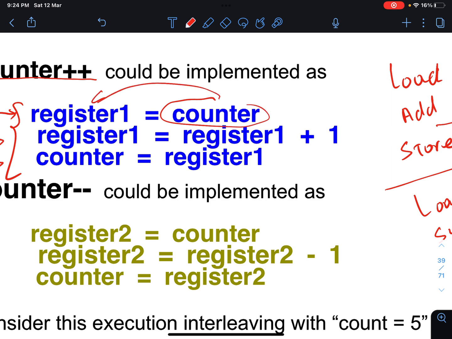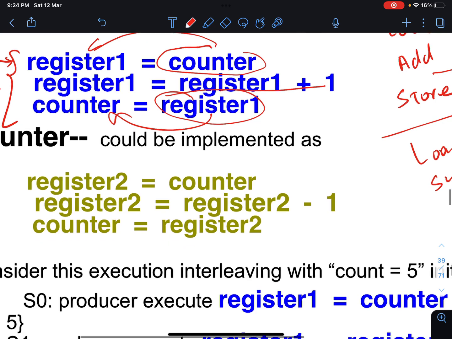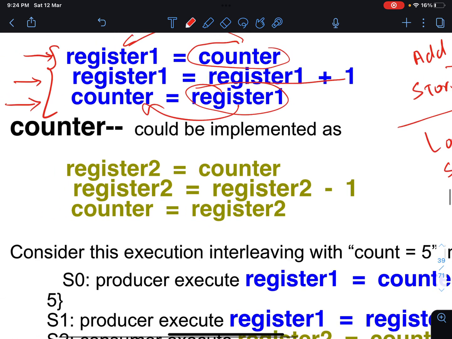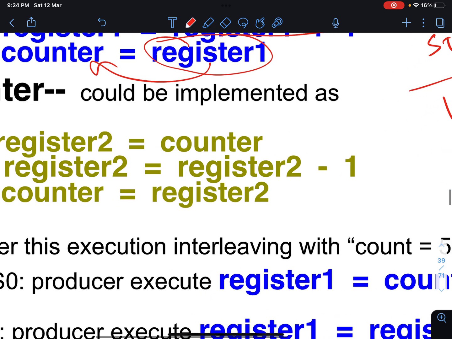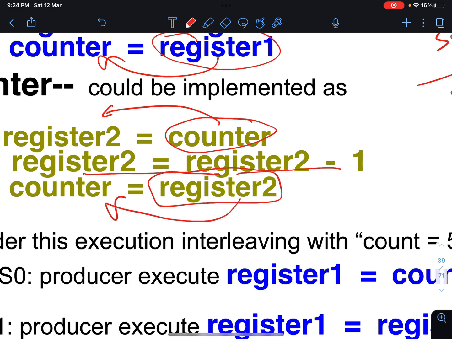You increase register 1 by 1, and then put the value of register 1 back to counter. If you're decreasing the value of counter, so minus minus, same way, get the counter to register 2, and then decrease the register 2 by 1, and then take register 2 and put it to counter.